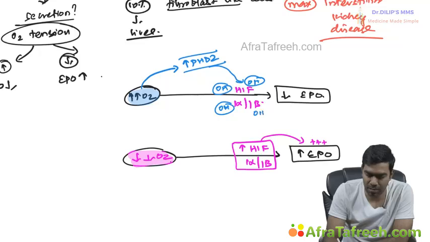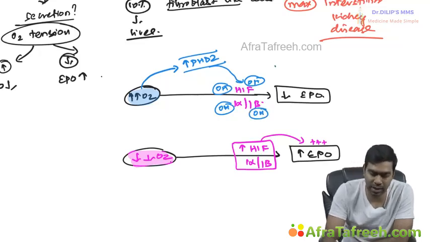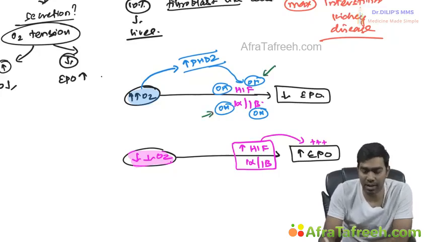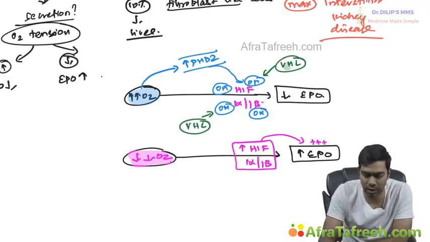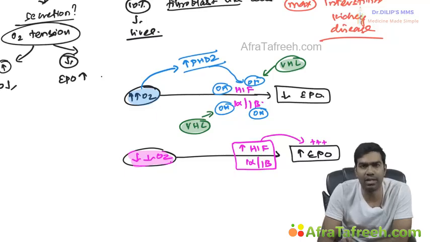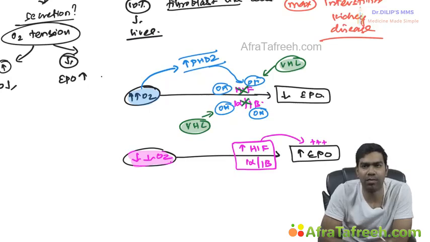The moment this HIF1 alpha and 1 beta are hydroxylated, this becomes a target for binding with another protein called VHL. That's called von Hippel-Lindau protein, which comes from the von Hippel-Lindau gene on chromosome number 3. You all know that already. So when the VHL binds with this HIF1 alpha and 1 beta, they tend to break down the HIF1 alpha and 1 beta.